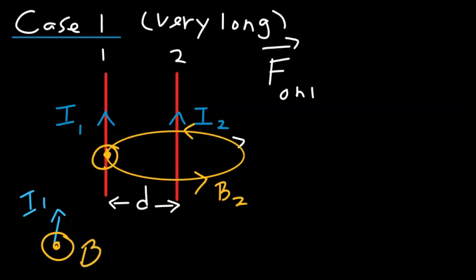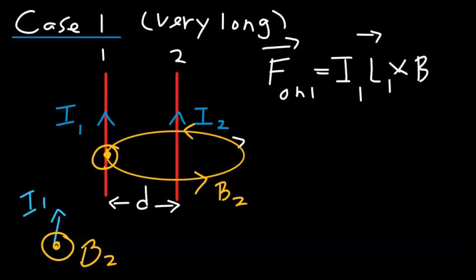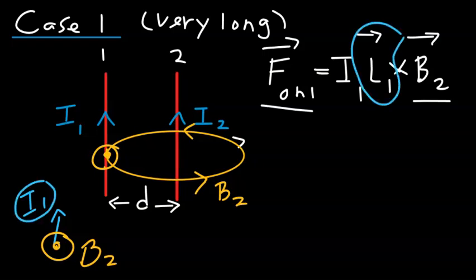So that is B2. The direction of magnetic force that conductor 1 experiences would follow the following equation: I1 L1 cross into B2. So the force conductor 1 experiences is due to the magnetic field produced by conductor 2, or the current I2. The direction of vector L1 is the same as the direction of the current I1.